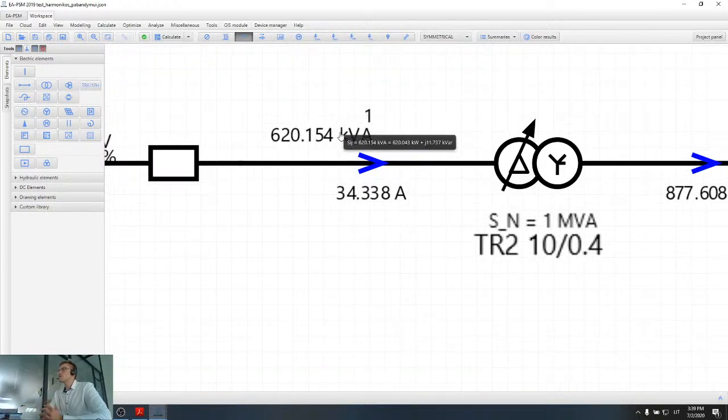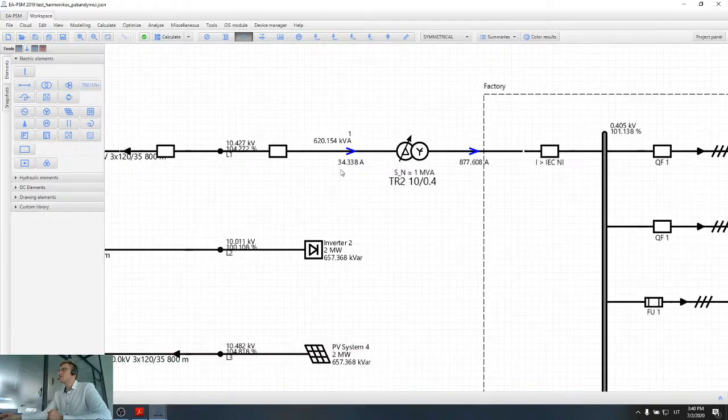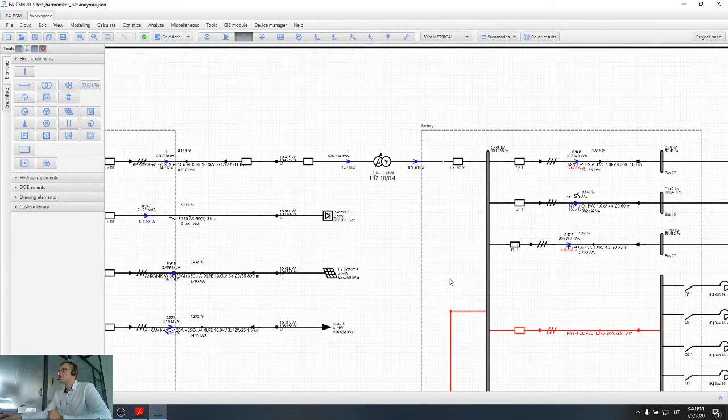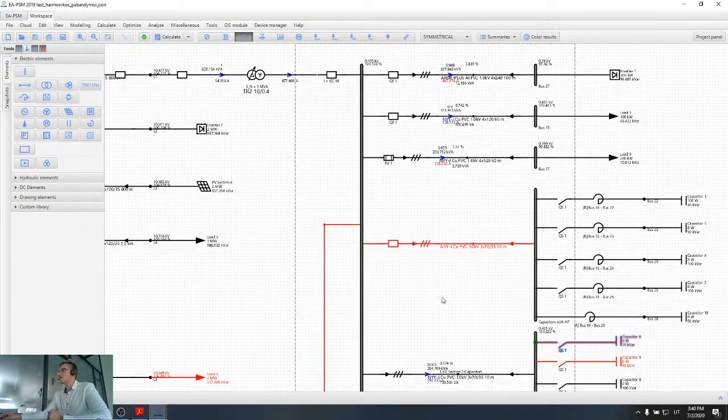When I disconnected some of the capacitors, I can see that now my power factor became better. Now it is equal to 1, and I have a little bit of undercompensation, which is equal to 11 kilowatt. But 11 kilowatt is not a big undercompensation, so I can leave the network as it is.